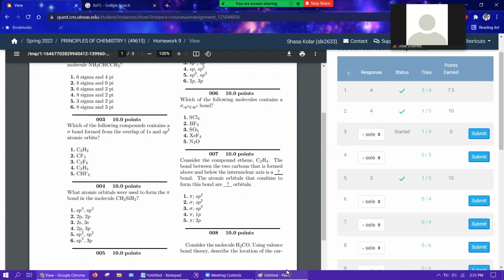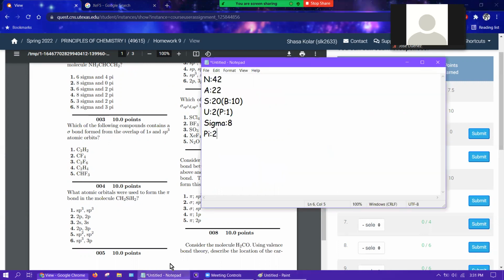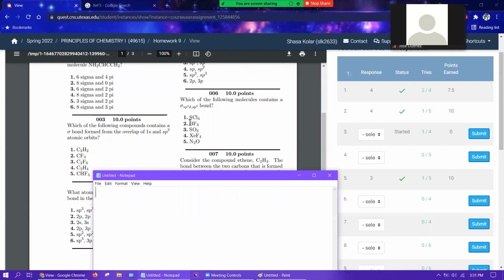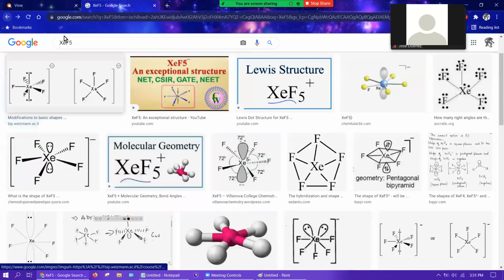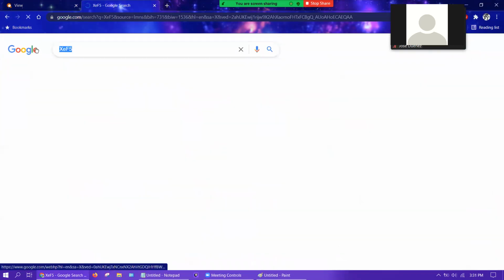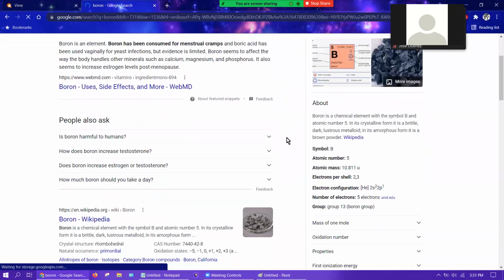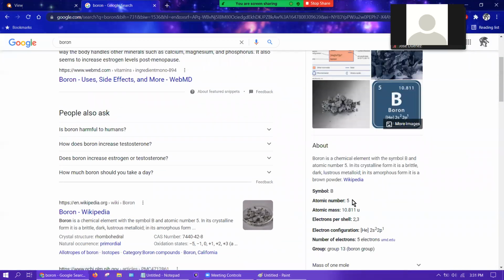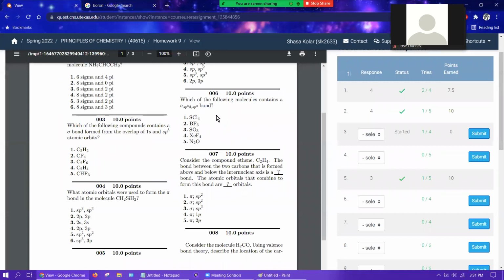So we can go ahead and do this problem just to show how I find it. That'll help you out. First of all, this is boron. Let's insert boron real quick. That one is immediately not going to be it because boron is element number 5. It only wants 6 electrons in its valence shell.